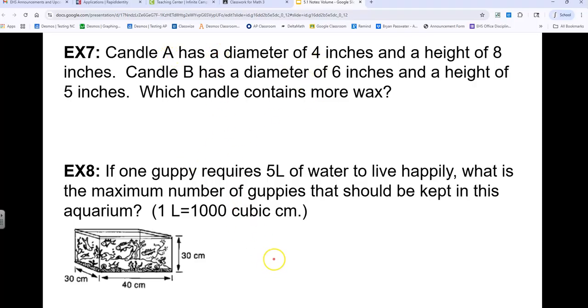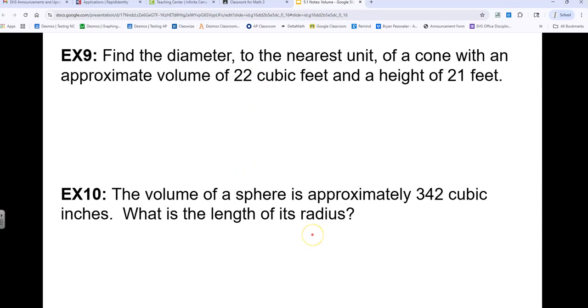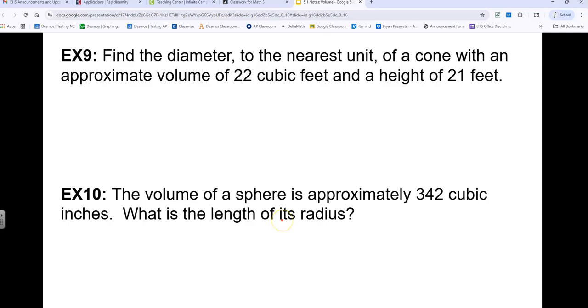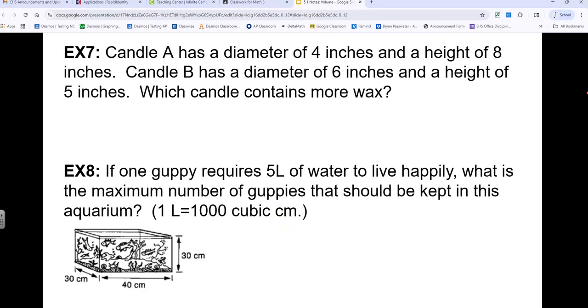I want you to read them and answer these questions. 9 and 10 are going to be a little tricky. They're backwards. We might need to go through those, but especially 7 and 8, try those right now. I think you will be able to do those without me just going through them.